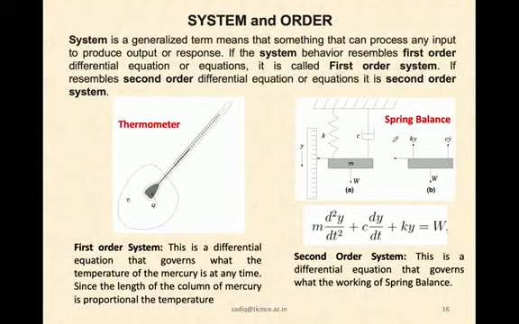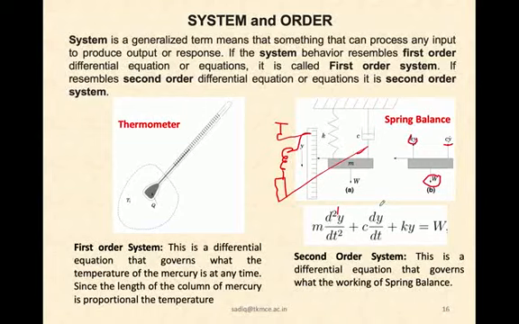Whereas take the case of a spring balance. Say you have a spring balance as we usually see, and if you add a mass at the end, the spring balance is governed by a second order differential equation, because it has a mass, it has spring property, and it has damping property also. If you consider the force balance, the spring force, the damping force, and the acceleration force or downward force, you can see that the acceleration force, that is mass times acceleration, is the second order part.